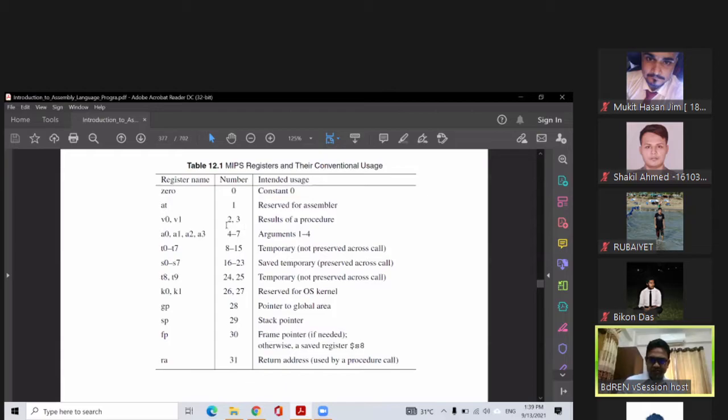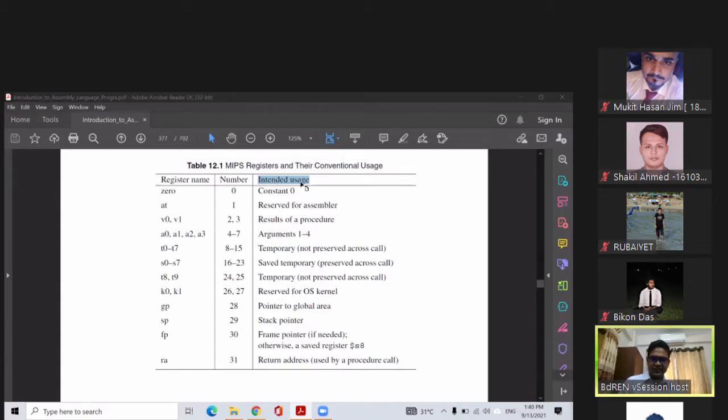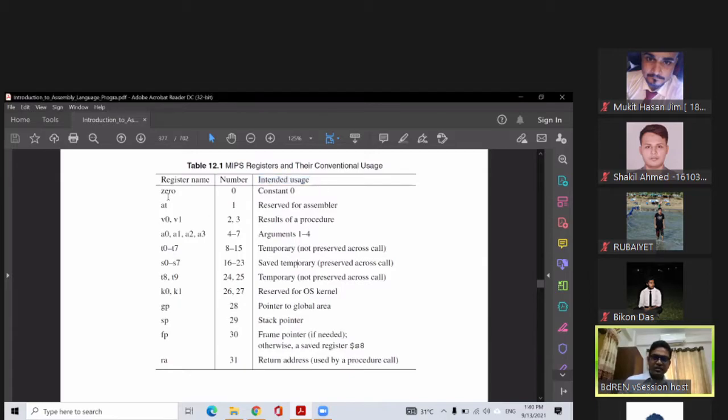In this set of 32-bit registers, the first one and the last one are reserved. Reserved means they are used only for that. Look how they have written intended uses, because they expect that we are going to use them for this reason. Except for the first one and the last one, these two are reserved for two special reasons.